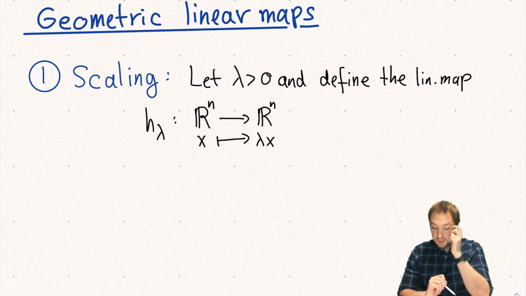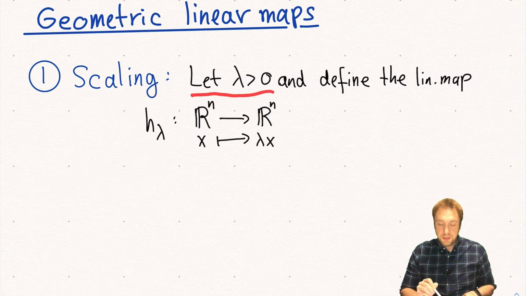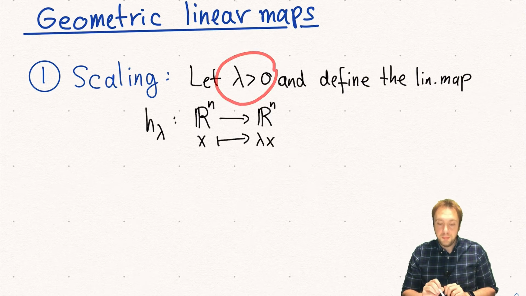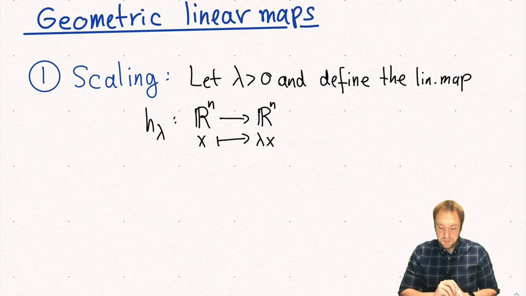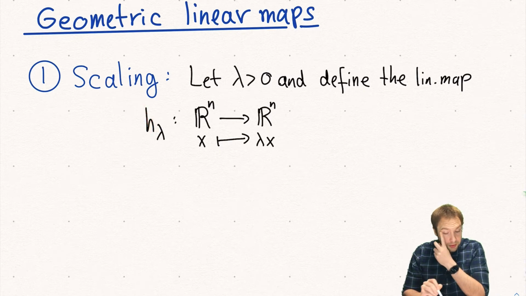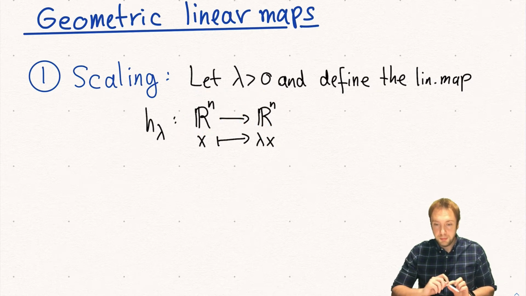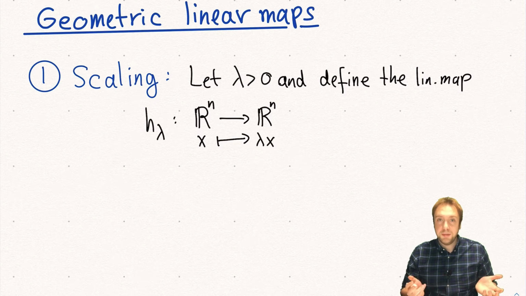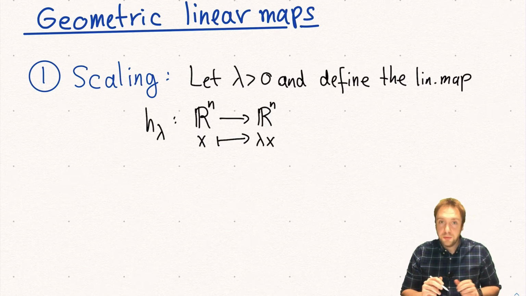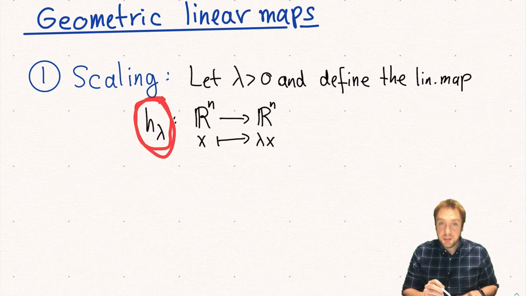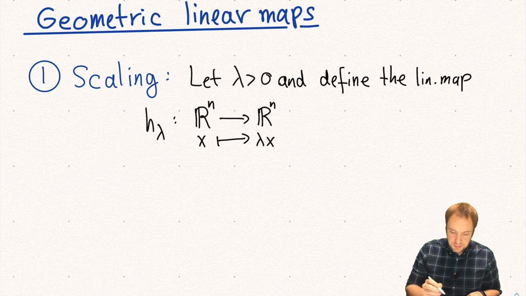So what I mean by this is that if I have some factor lambda, let's say it's a positive number, then we can define the following map, which I denote by h lambda, and it sends a vector of Rn to a vector of Rn by just multiplying with this number. And why is this a linear map? Well, we could check these two conditions, but we can also try to find a matrix such that this function is given by multiplication with the matrix.